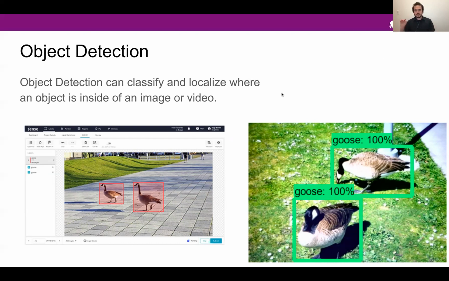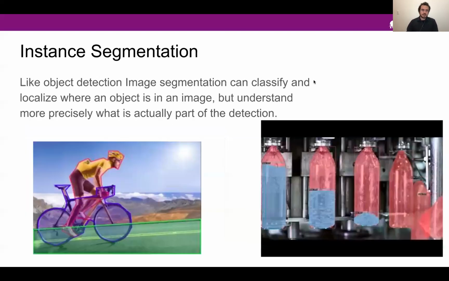So object detection is a really cool piece that you can do a lot of stuff with. And in order to label and train a model for it, you usually need to pass in what's called bounding boxes or rectangle labels. And it looks like the returned prediction here, right? We're going to see an example of labeling this in a minute. But you're really just drawing bounding boxes around those objects that you're trying to train your neural network to detect.